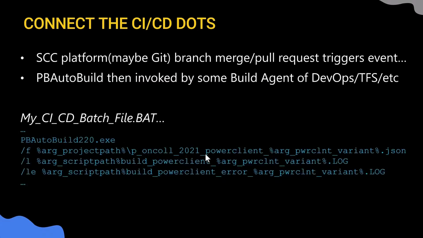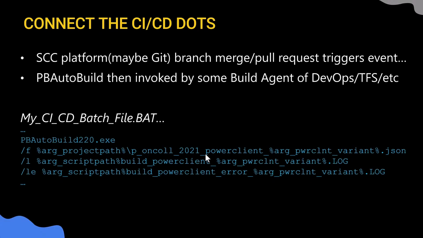And here's one example that I pulled from a customer that I did this for earlier this year. So let's say that you have an SCC platform. Let's say that it's TFS or DevOps utilizing Git. And once there's a merge or pull request on those branches, let's say that you have defined the pipeline to be able to then invoke a job, which will access an agent that will then execute that build.